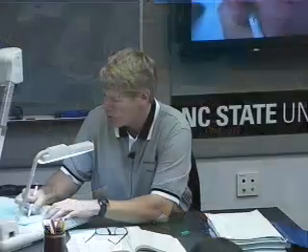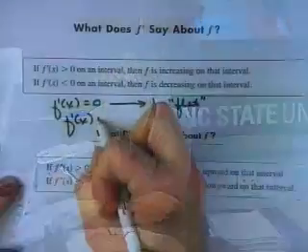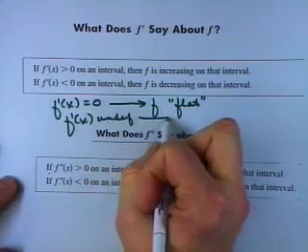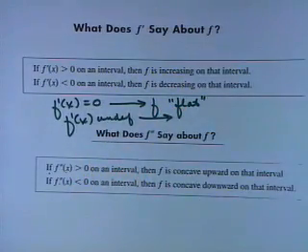infinite? Undefined, or does not exist. If the derivative is undefined, we know some things that might be happening there. But let's say it's undefined because we've divided by 0. It's vertical. We have a vertical or very steep part of the graph in that area.